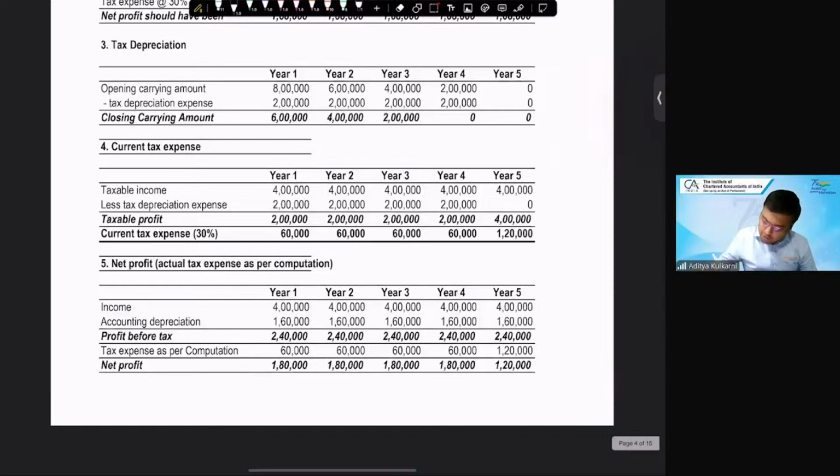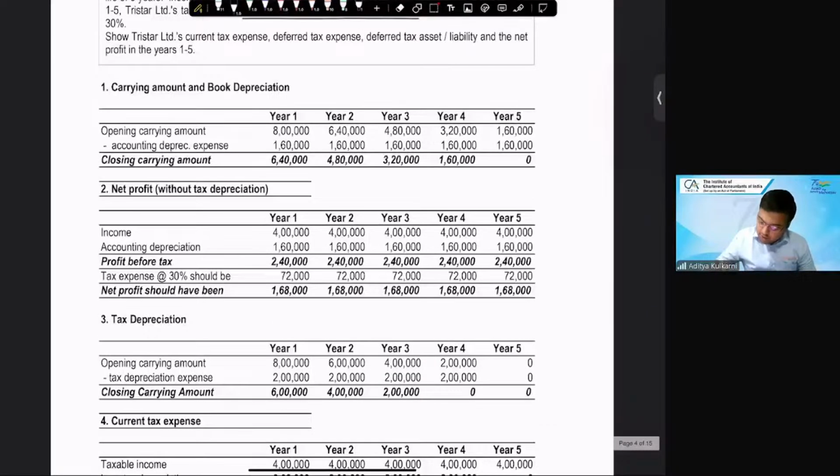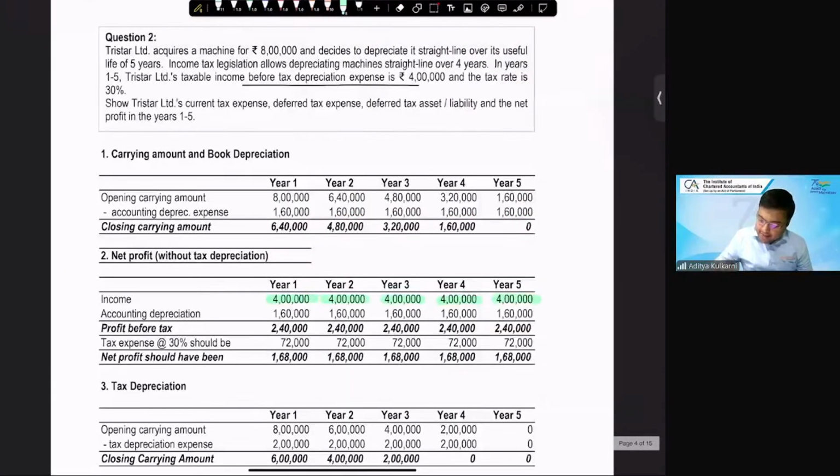So what is your profit before tax and depreciation? 4 lakhs. Are you able to see this? 1, 2, 3, 4, 5. For each of these periods, it is 4 lakhs each. The depreciation that you are getting is 8 lakhs over a 5 year tenure for accounting purposes.